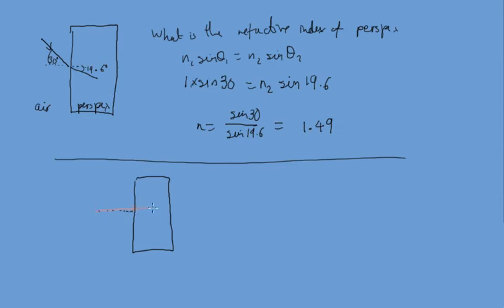Well, no refraction will take place in that instance. So no refraction occurs if the wave hits the medium boundary at the normal.